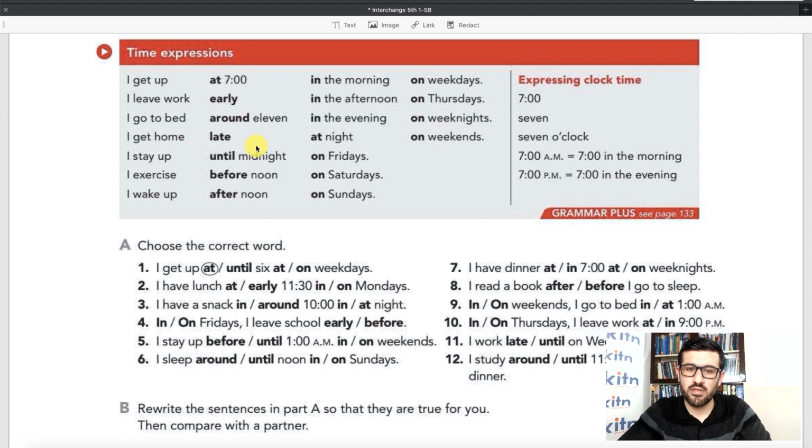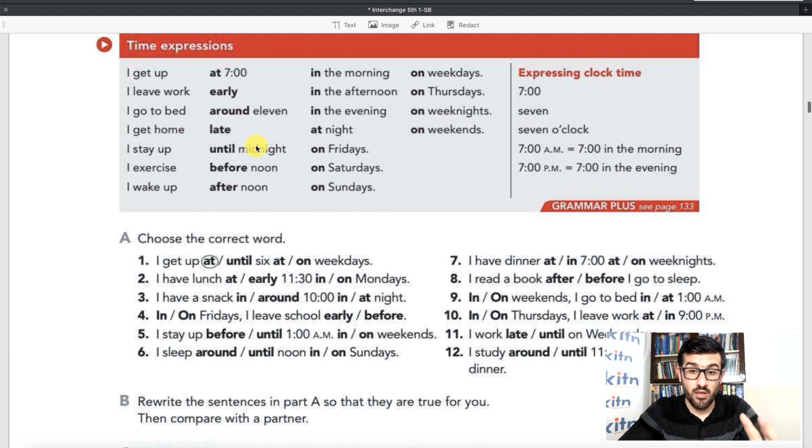So remember these things. That will be more clear when we do this exercise, but before that I would like to point out that expressing clock time can be like this. You can simply write 7 in numbers, or you can write it down in words, or if it's 7 sharp, you say 7 o'clock, okay?